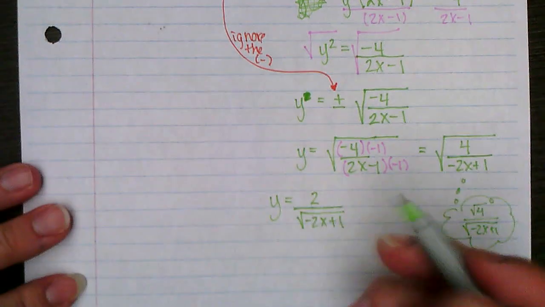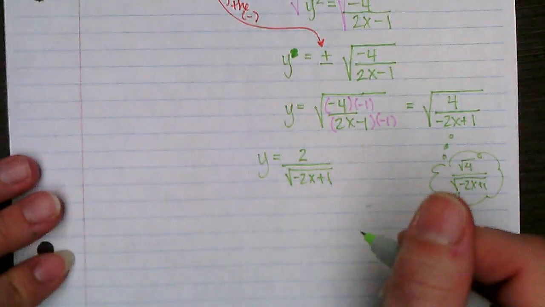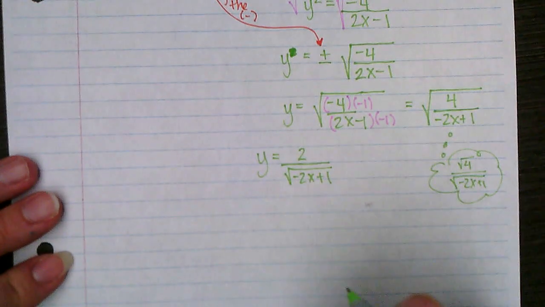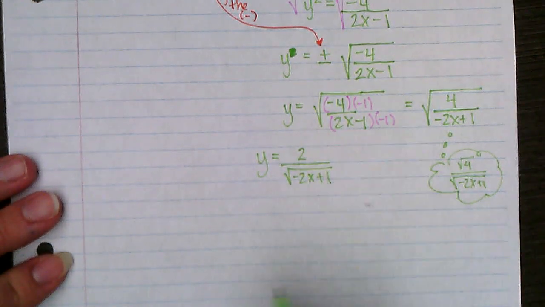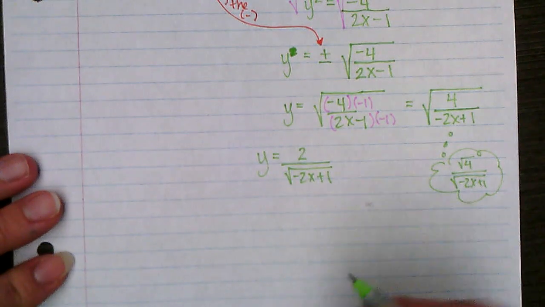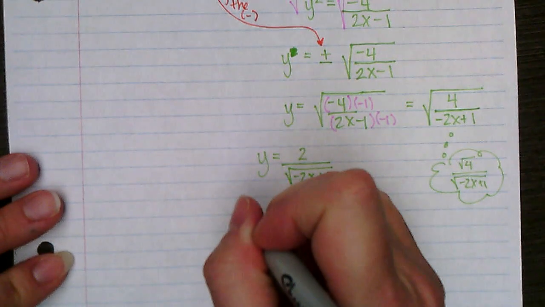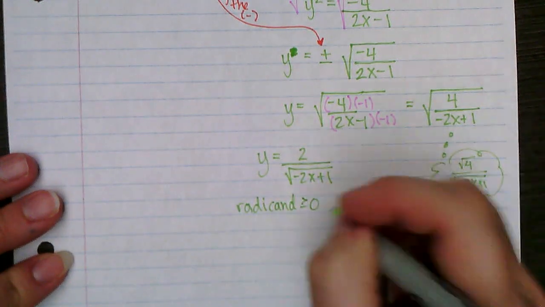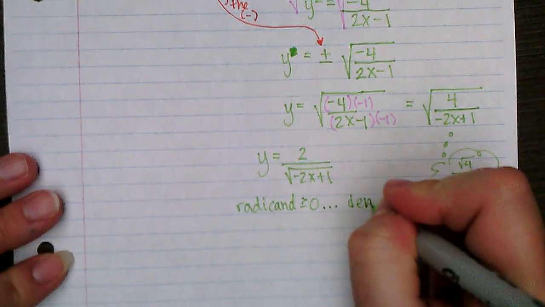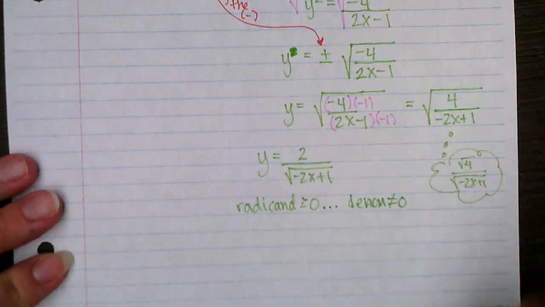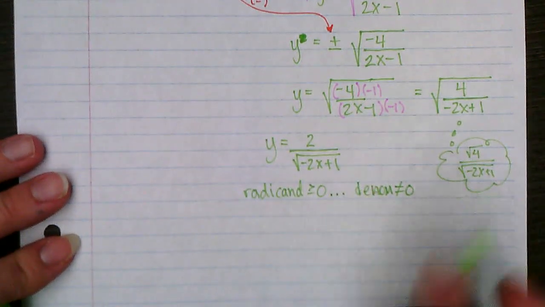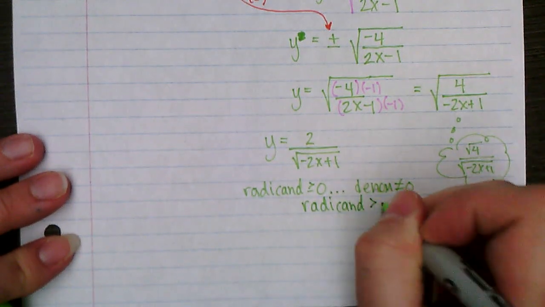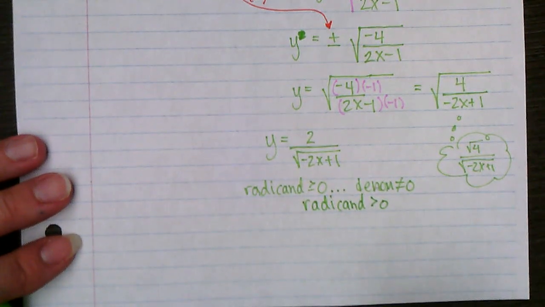The domain here has two issues. One issue is that the denominator cannot equal 0. The other issue is that we have a radical that has variables in it. So normally we would set the radicand to be greater than or equal to 0, but we also know that the denominator cannot equal 0. So we'll combine those two ideas and set our radicand greater than 0 instead of greater than or equal to.